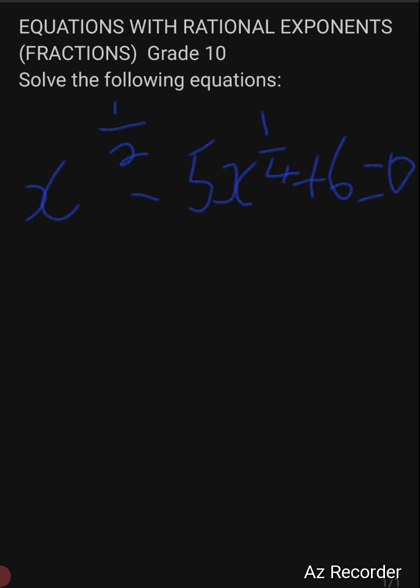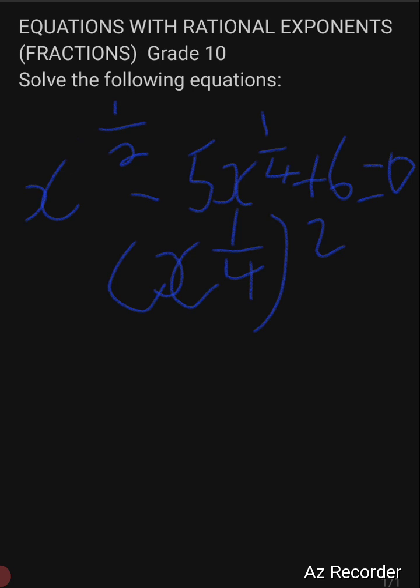First things first, we can see that half is greater than 1 over 4. So the easiest way to work out this type of equation is to change x to the power of half, which is x to the power of 1 over 2, into x to the power of 1 over 4, squared.